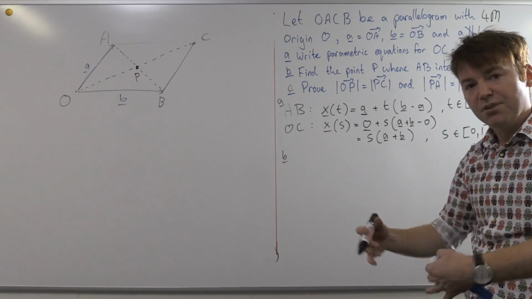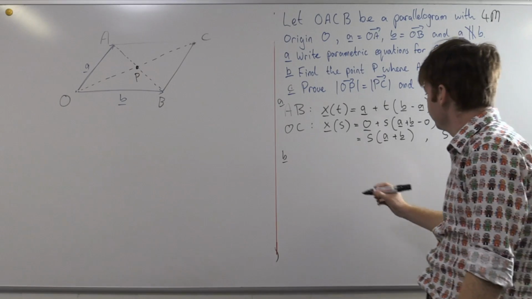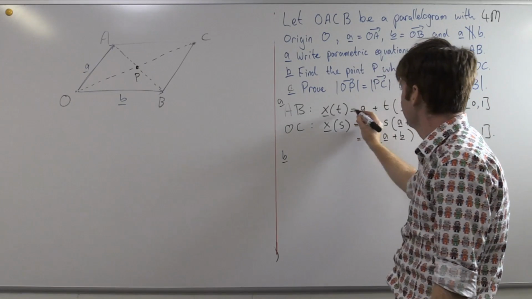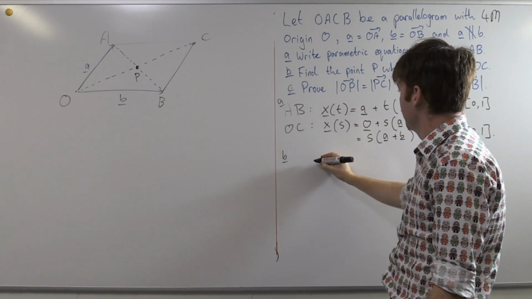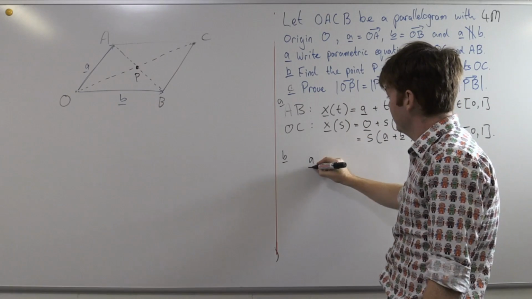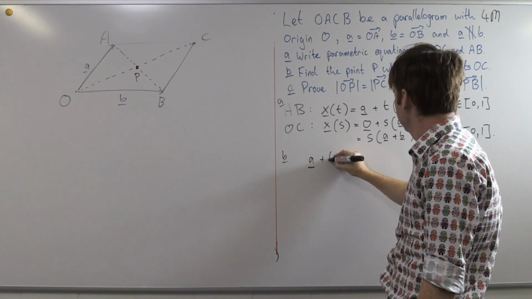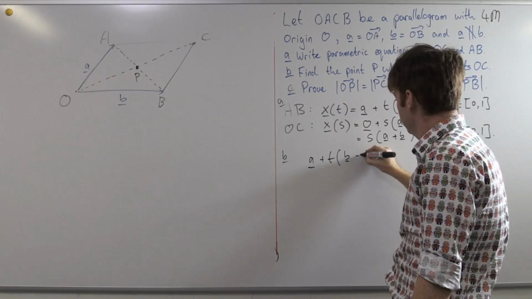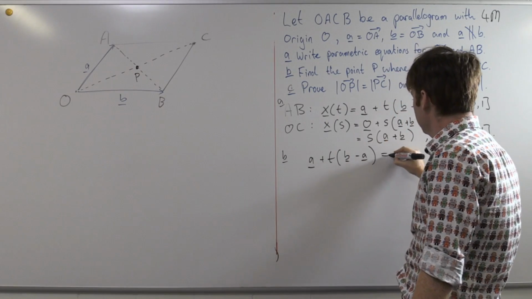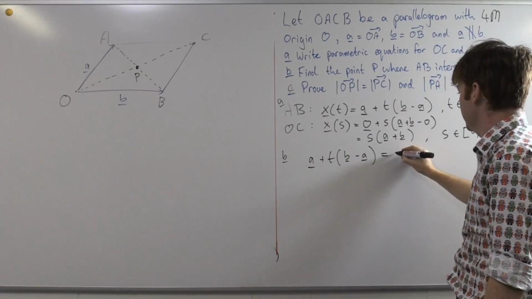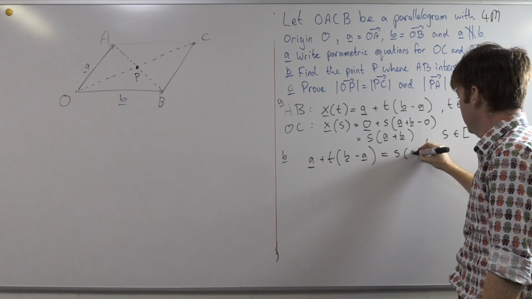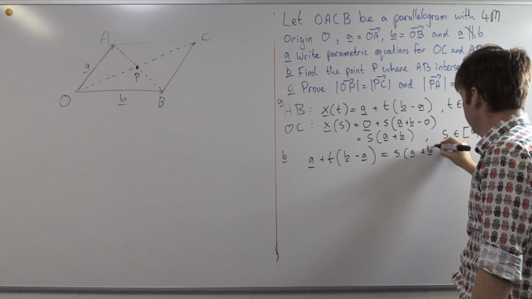You just set them to be equal to each other and turn the handle. So in this case we have AB is equal to OC. So that's just S(A plus B).